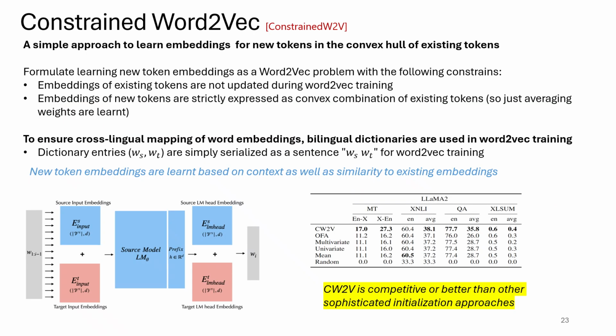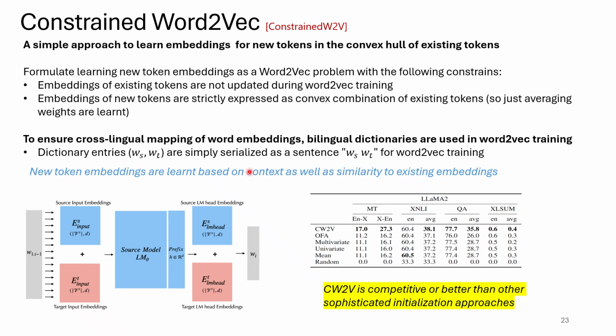Another simple method that has been recently proposed is constrained word2vec. So this takes a slightly different approach. Here, it makes use of the fact that the new tokens are in the convex hull of the existing tokens. So now what you do is formulate the problem of learning new token embeddings as a word2vec problem.